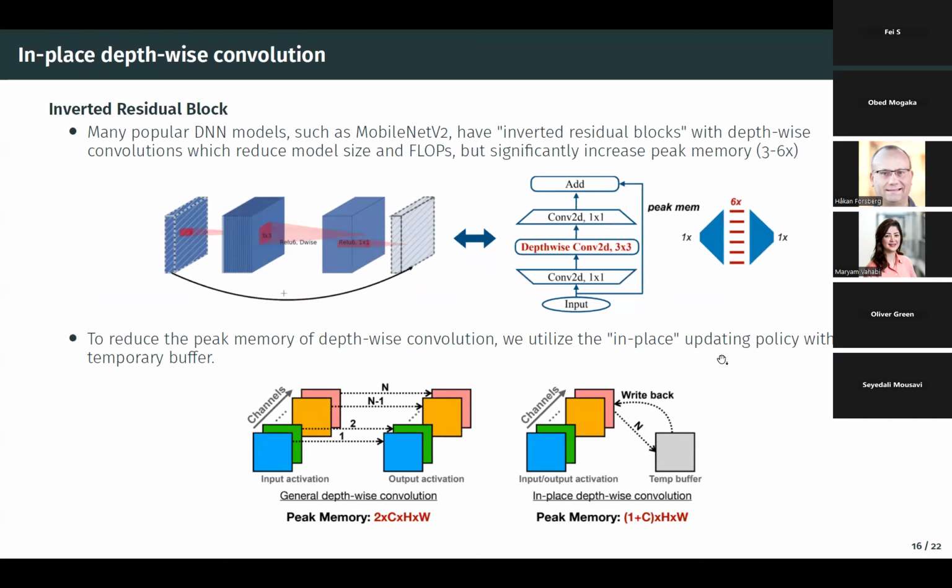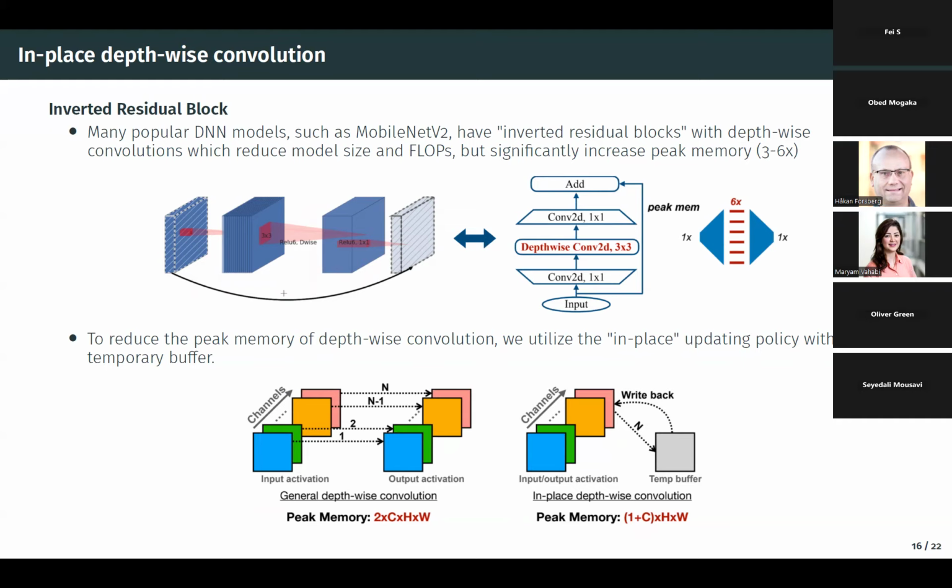So what they do is, for every channel, we have a temporary buffer so that we do not write these results to memory until we have exhausted this computation. So it is a way of holding data on chip until it's fully utilized, and then we finally write it. So this is what this does.